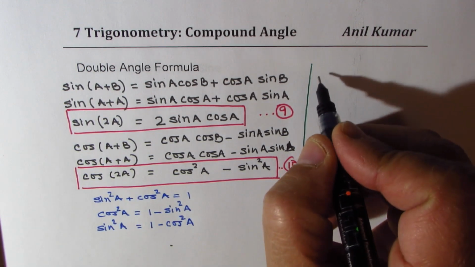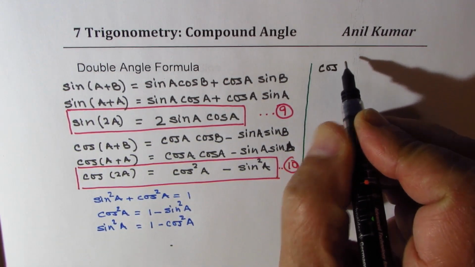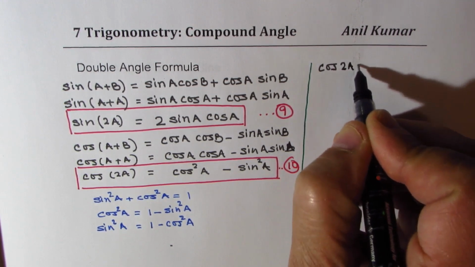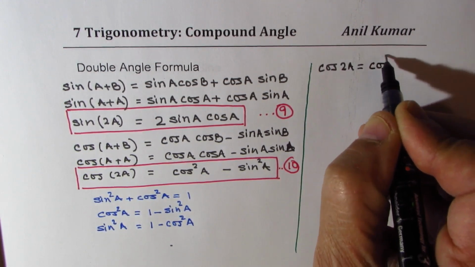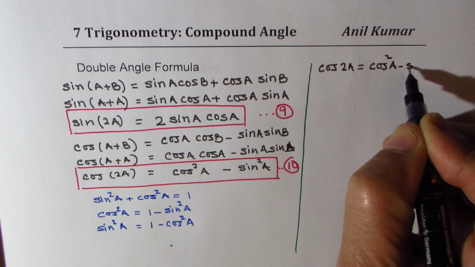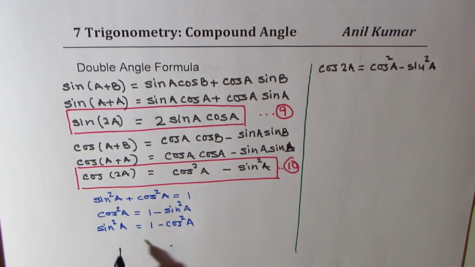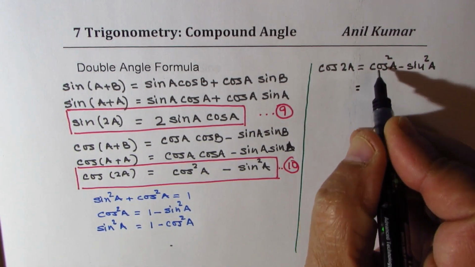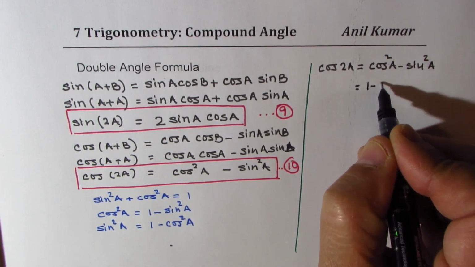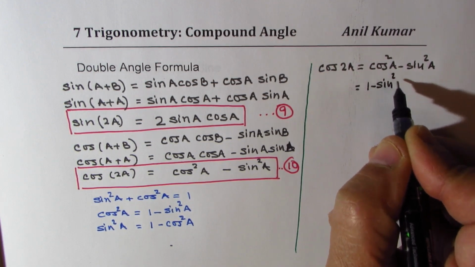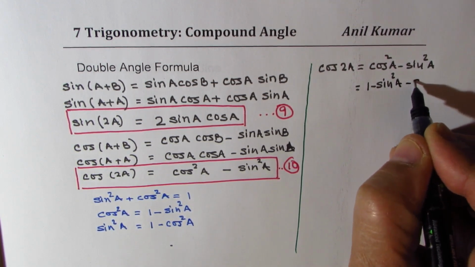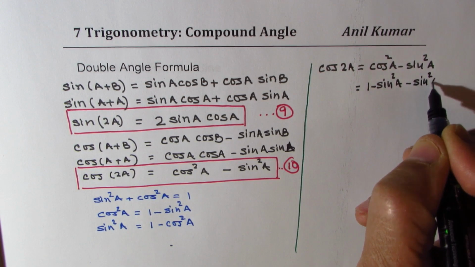What we have got here is cos of 2A is basically cos square A minus sin square A. Now I could write cos square A as 1 minus sin square A, right? So if I replace cos square A with 1 minus sin square A, we already have minus sin square A here.